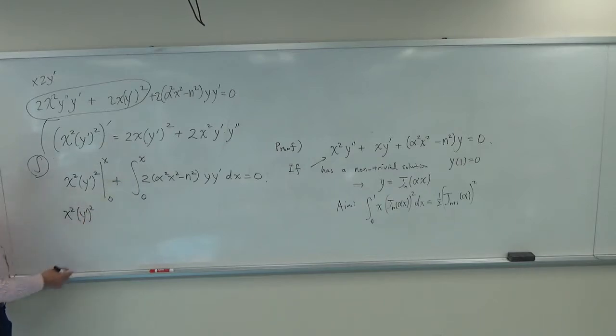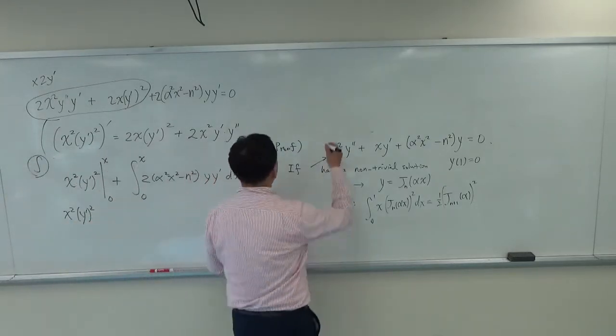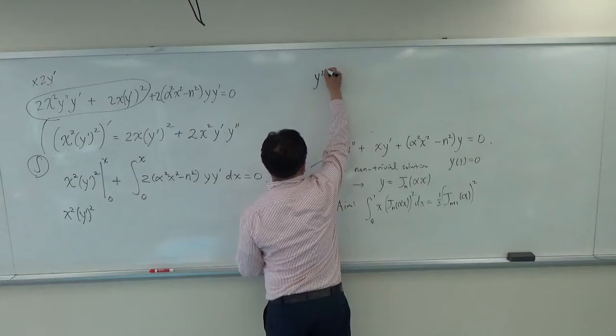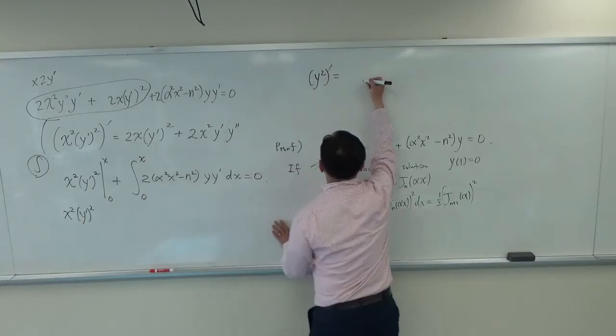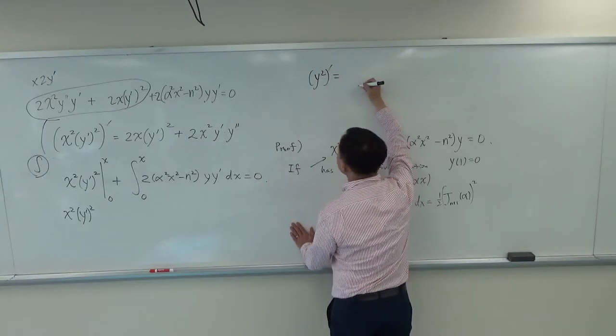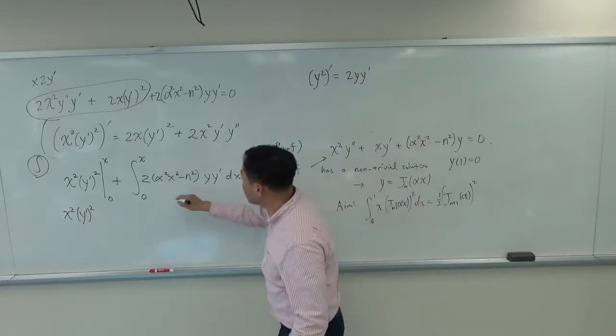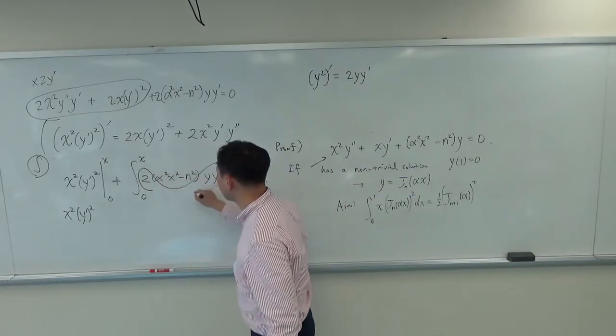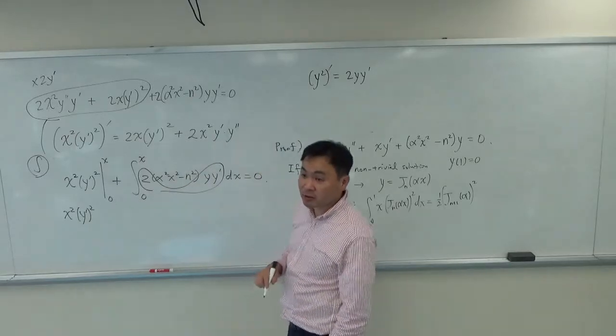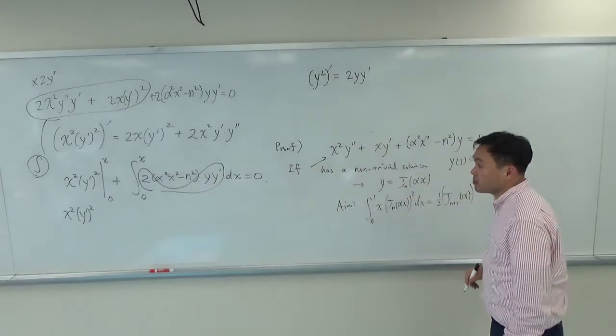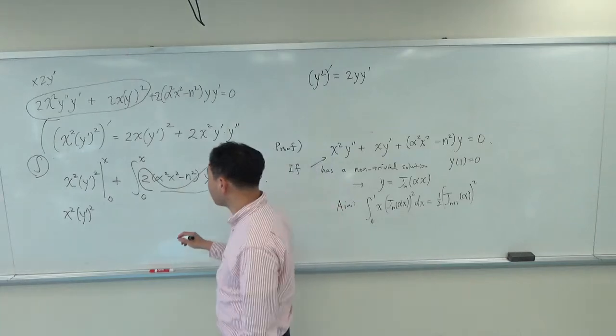And then on this side, I'm going to use integration by parts. Because, again, if you have y squared prime, what do you get? 2y y prime, right? So I can integrate this much and differentiate the other. So let's do that.